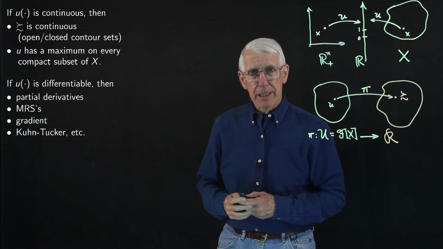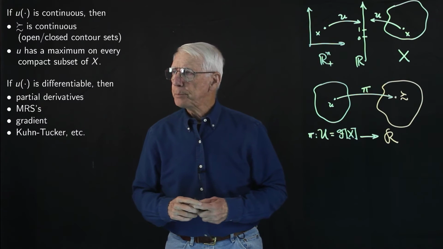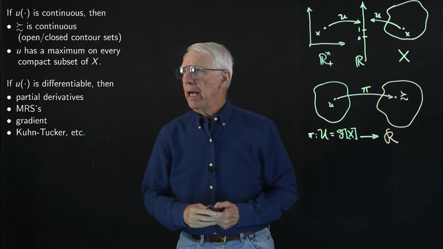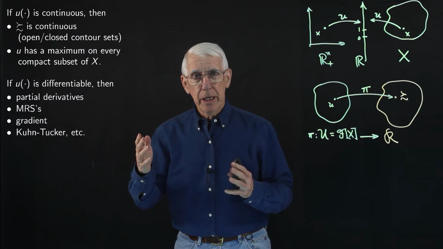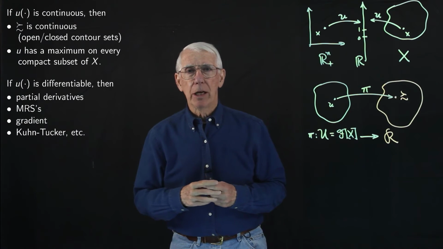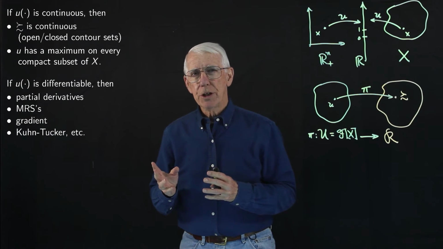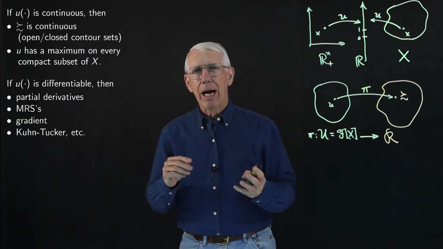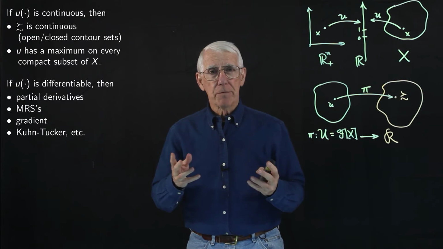And then some additional consequences, if the utility function is in fact differentiable, then it'll have partial derivatives, and that will enable us to define marginal rates of substitution and to define the gradient of the utility function, and that's going to enable us to use calculus-based tools to derive implications about the behavior of the decision maker.